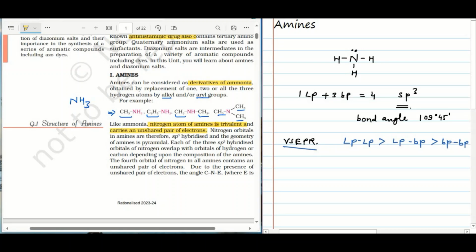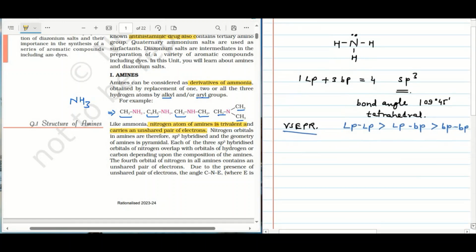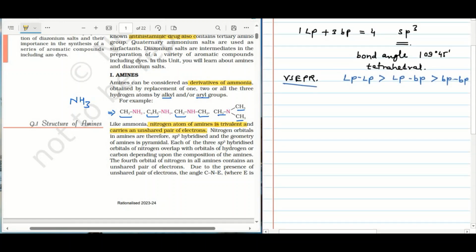For sp3, the shape of the molecule should be tetrahedral. So let's draw the structure of ammonia. So this is nitrogen and there is a lone pair.